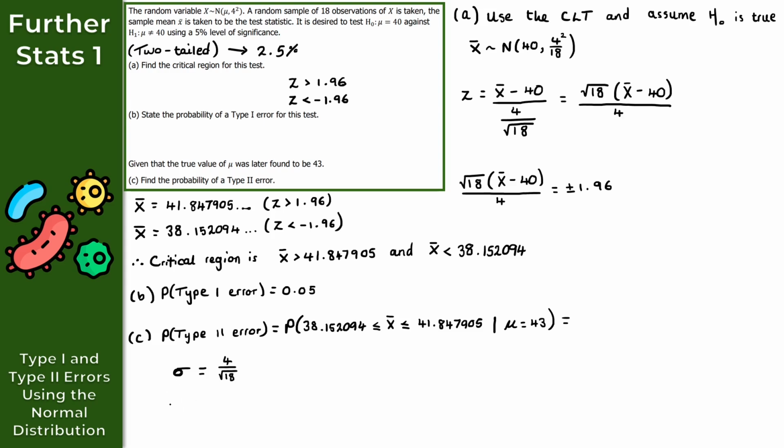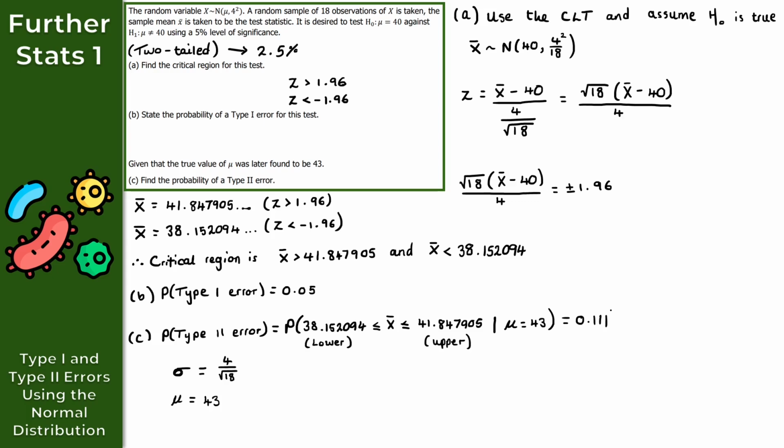And for mu, because we've conditioned on the fact that mu is later found to be 43, mu equals 43. Input those values and press enter. And what you should get is 0.111. And there we have it. That is the probability of a type 2 error using the normal distribution.